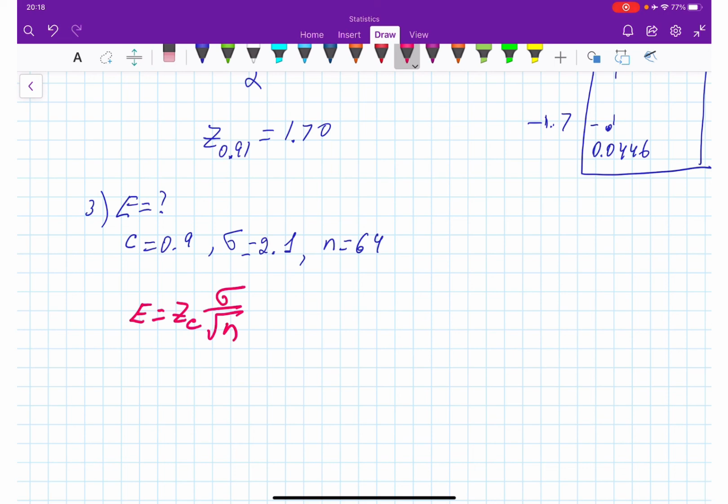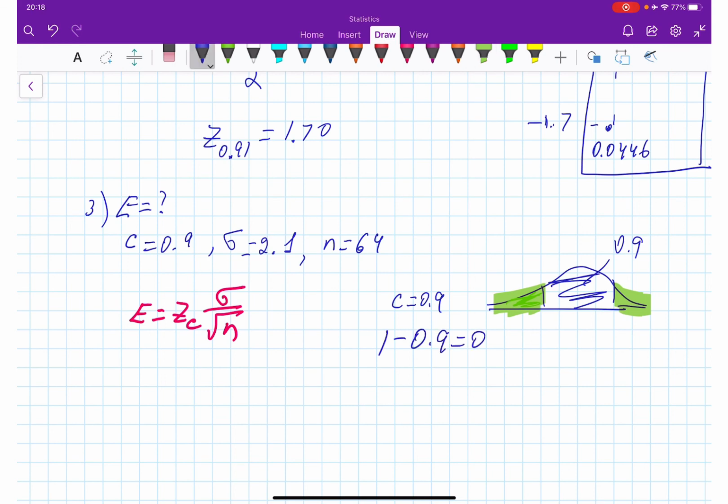So let's see what we have. Do we have n? Yes, 64. Do we have sigma? Yes, 2.1. All we need to find is z-critical, right? Let's find it. Our C is equal to 0.9, or 90%, which means these two areas, this and this, are going to be 1 minus 0.9, which is equal to 0.1.